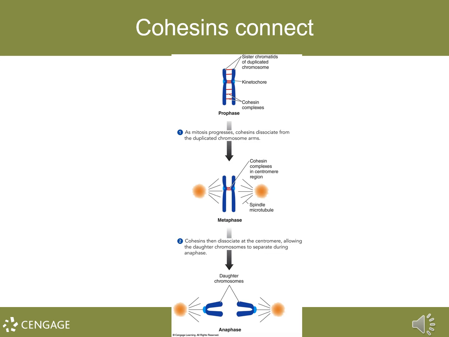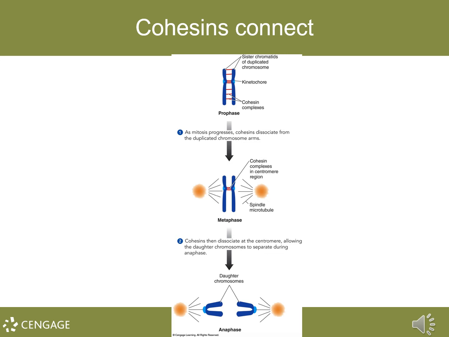When we have those sister chromatids joined together, we'll see that we've got cohesins keeping them together throughout both of those molecules. And then we've got quite a few of them at the centromere region, which is why we see such a close association there. But as mitosis progresses, some of those cohesins dissociate from the duplicated chromosomes, so they have less and less of a connection.